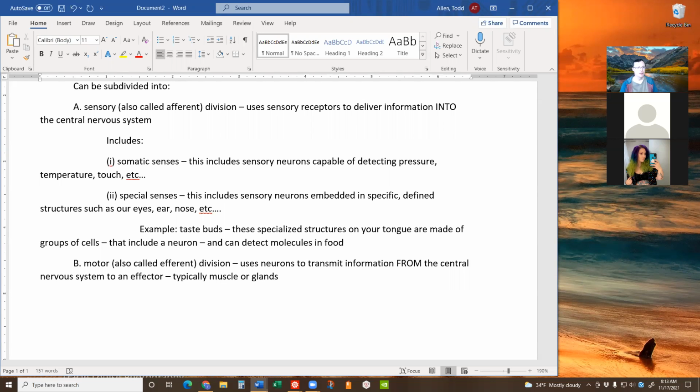All right, so typically muscles or glands are going to be effectors carrying out the instructions from the motor division of the peripheral nervous system. Okay. Now, the motor division can be subdivided into the somatic and autonomic nervous systems.